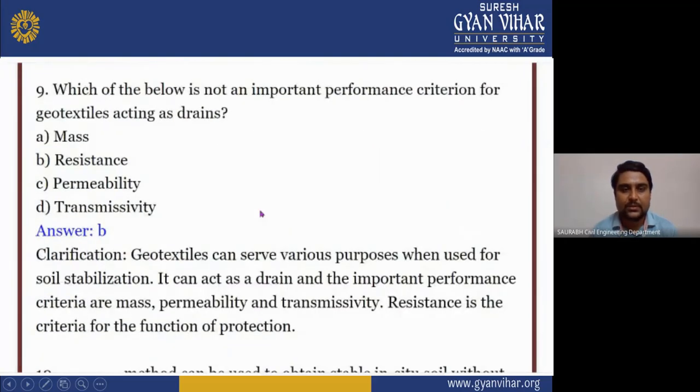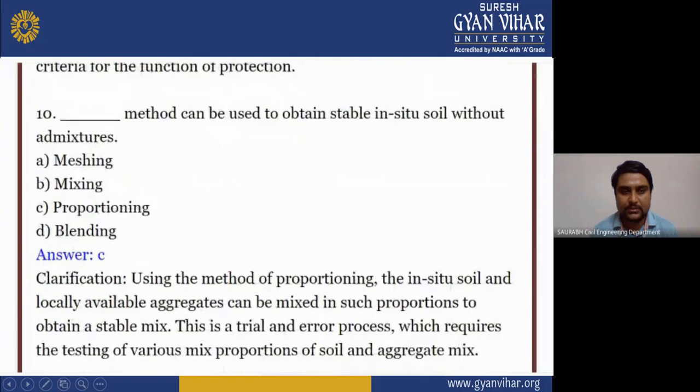Let's come to the ninth question. Which below is not an important performance criterion for a geotextile acting as a drain? Mass, resistance, permeability, and here the right answer will be resistance, as you can see here. Let's come to the last question, which is number 10.